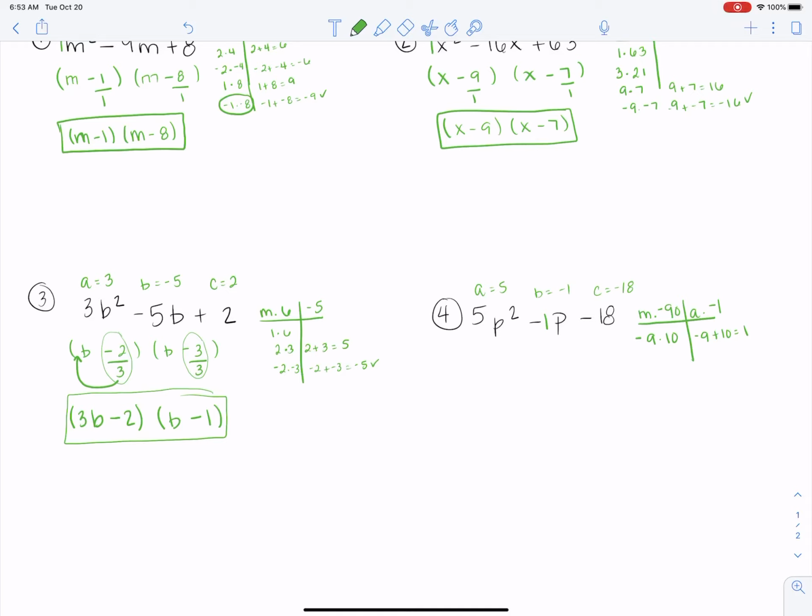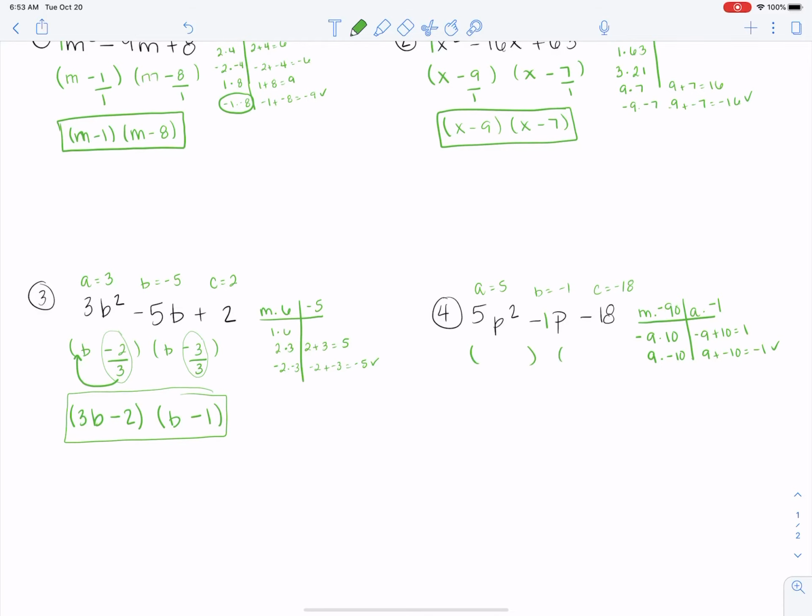So I need to change what I have. I'm going to keep a positive 9 and a negative 10. 9 times negative 10 is still negative 90, and 9 plus negative 10 is negative 1, so that's good too. Build two binomials. Put the letter first. One of them needs a plus 9, and one of them needs a minus 10.